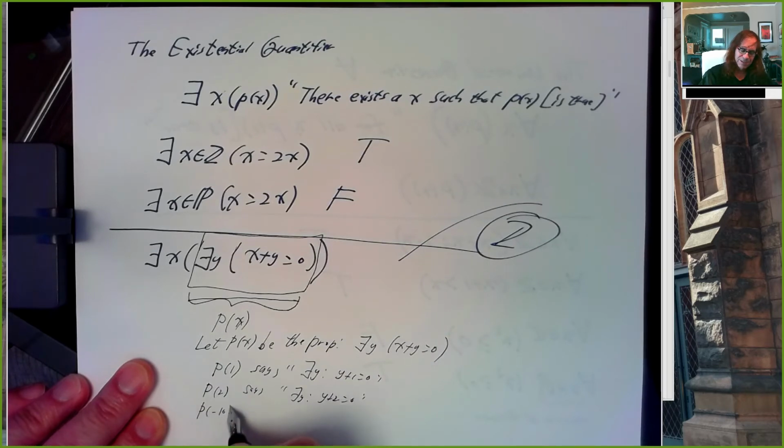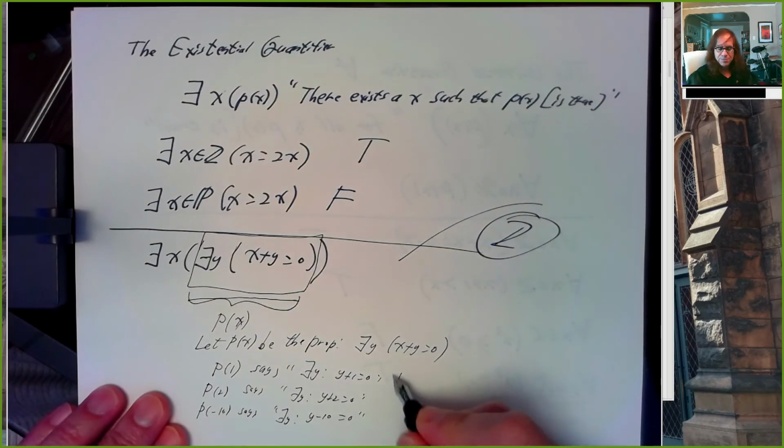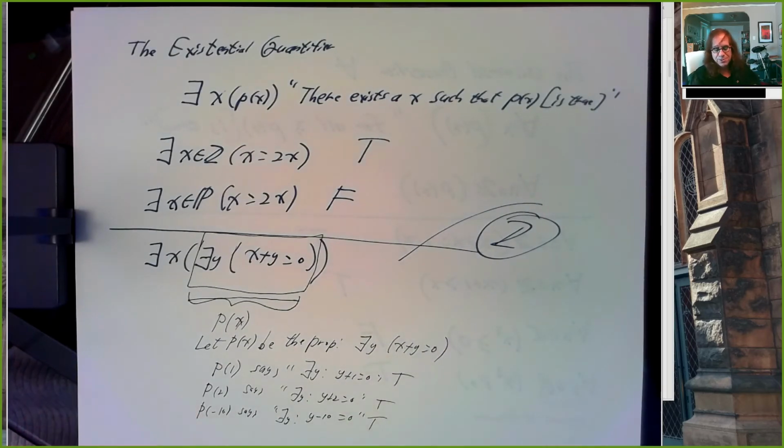P of negative 10 says there exists a y such that y minus 10 is equal to 0. So let's just look at these three examples. Is P of 1 true or false? True. That's true. P of 2 is also true. P of negative 10 is also true. It looks like P of x is always true.